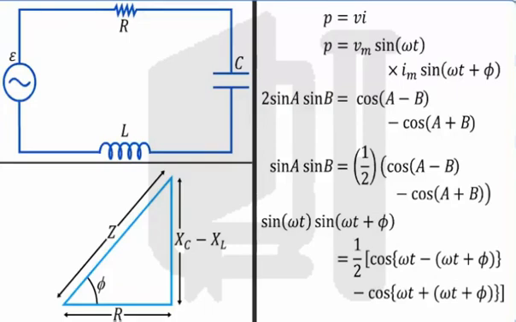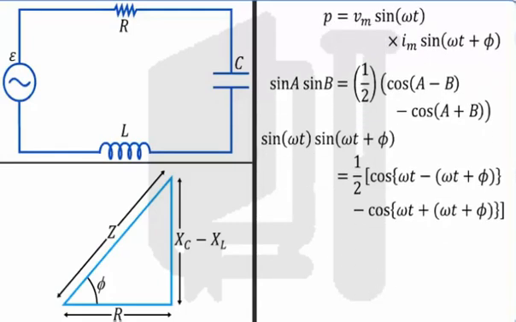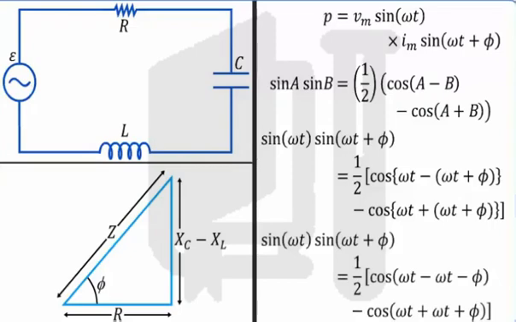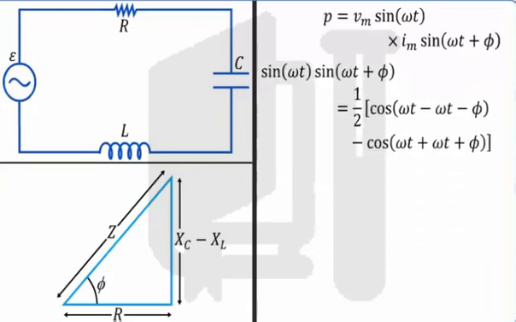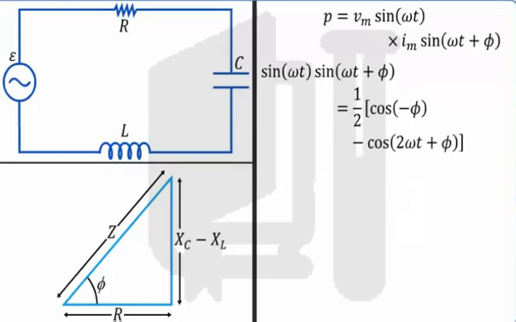On further simplification, we get sin omega t into sin(omega t plus phi) is equal to half into [cos phi minus cos(2 omega t plus phi)].